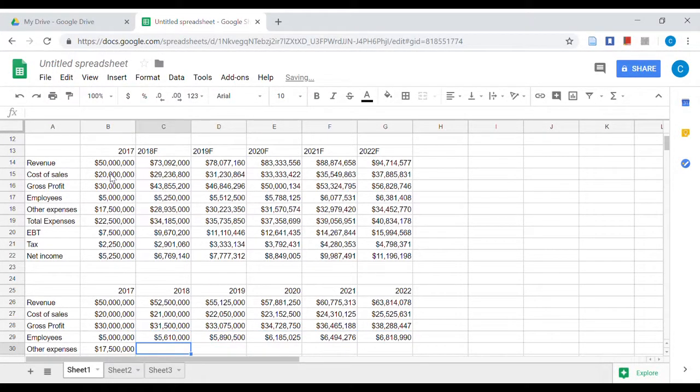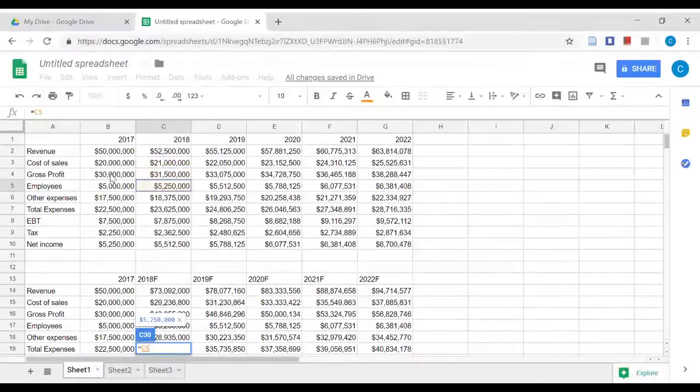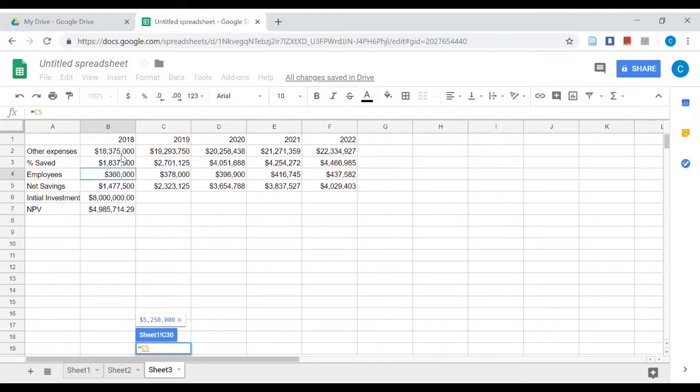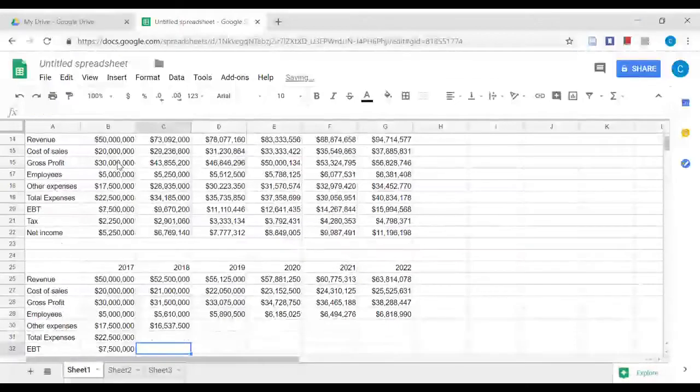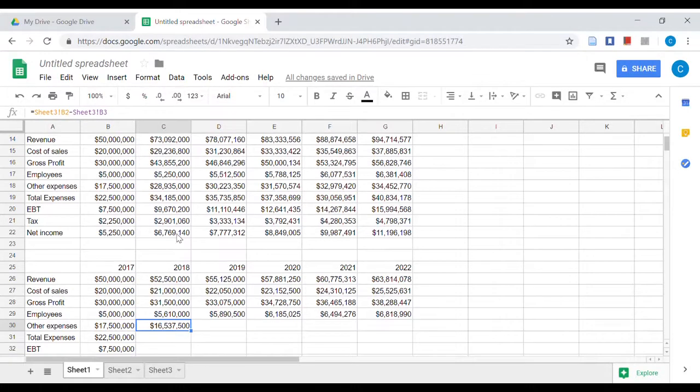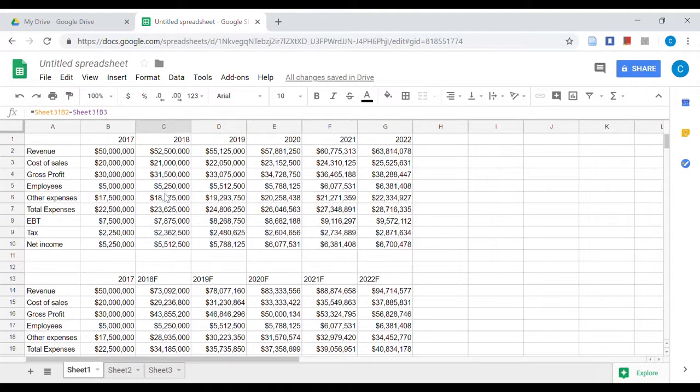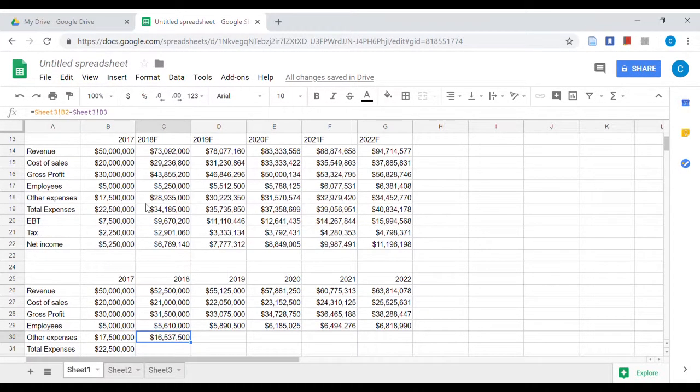And then our other expenses will decrease. Actually, we can just use other expenses less percent saved. Right? So now, instead of spending the 18 million here, we're only spending 16 million.